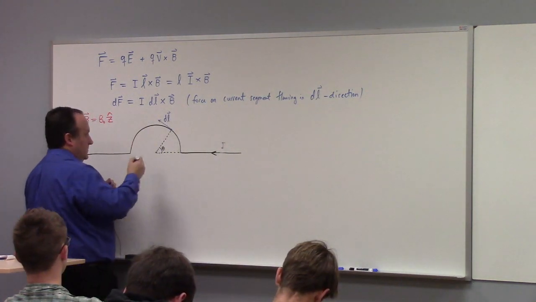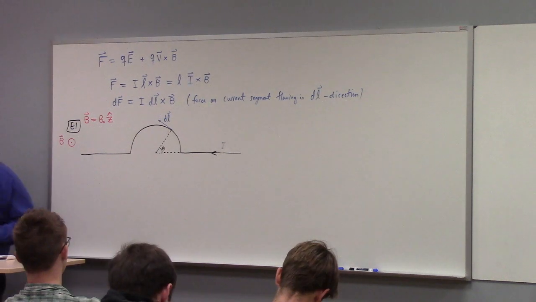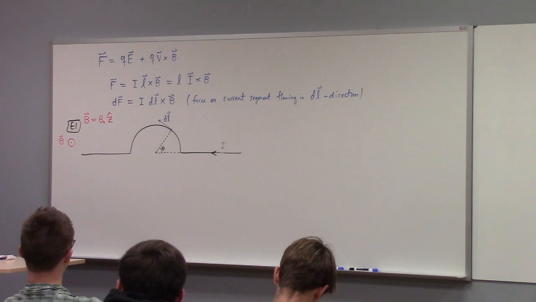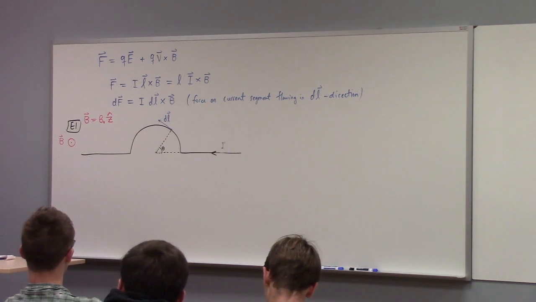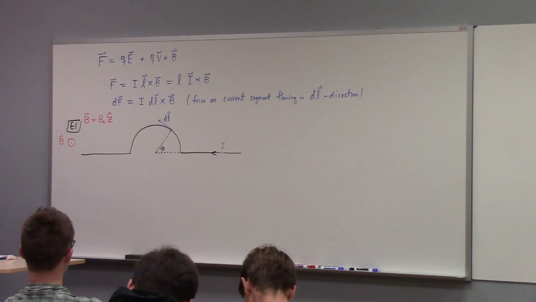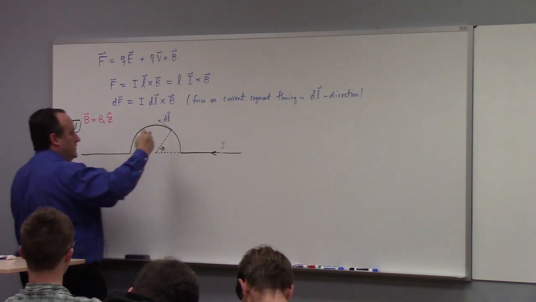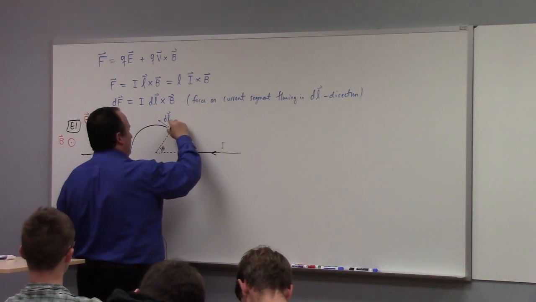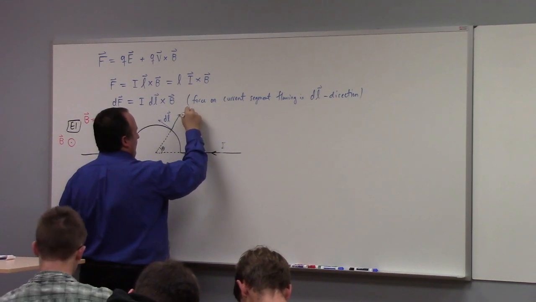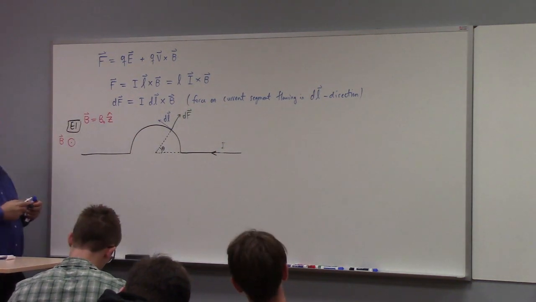So the little dF that we get on this little itty bitty current segment is radially outward here, right? Did you guys see that?